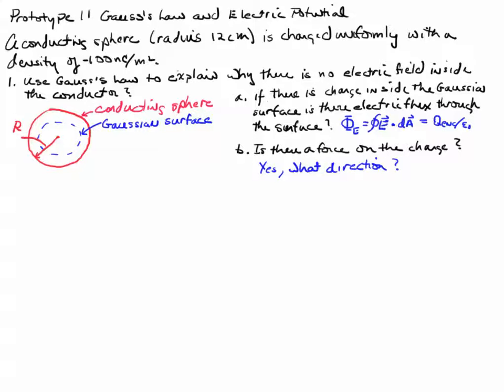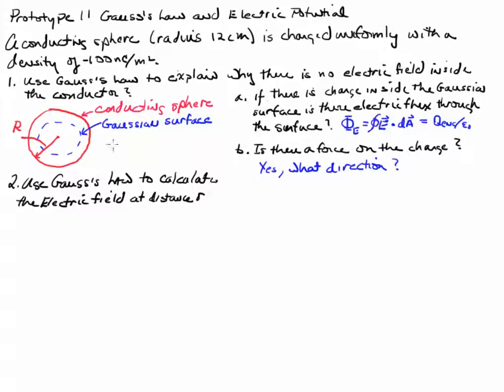And what direction is that force? Well, since it's minus charge, the direction will be toward the outside surface, positive r direction. Now you should be able to figure out why that is the case.